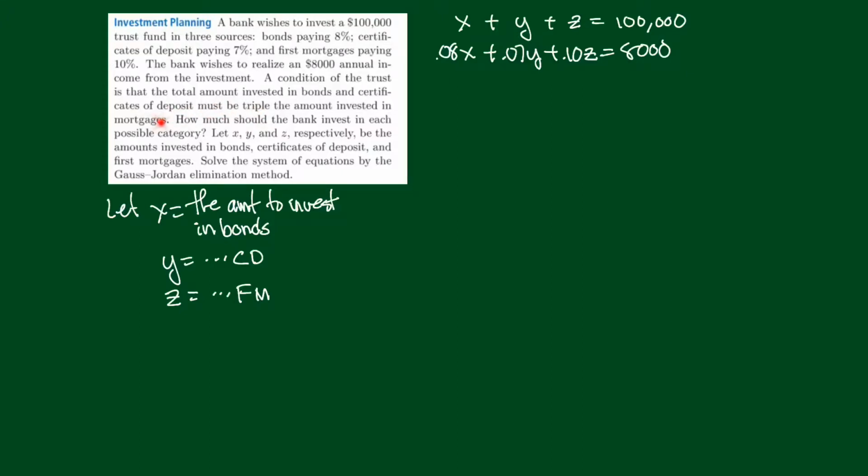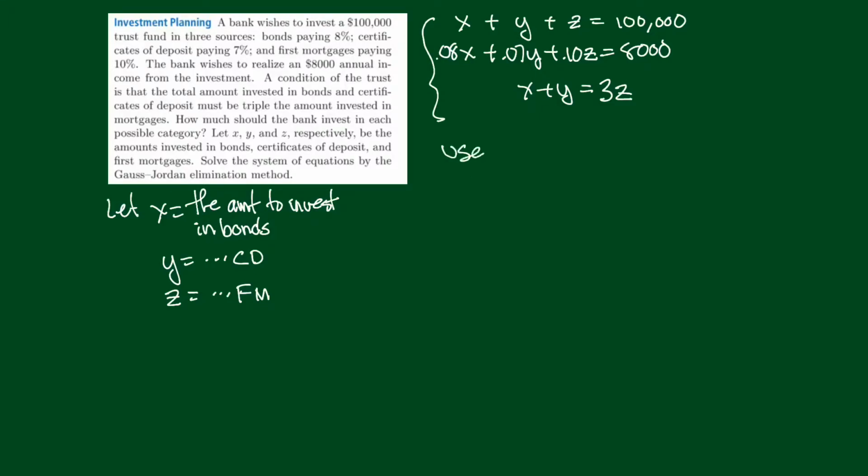Okay, so if I just write what I read, I think I've got this. So it says the total amount invested in these, so that's x plus y, must be, that's an equal sign, and then, where is it here? Triple. There it is, triple. Well, that's 3 times the amount invested in first mortgages. There's my third equation.